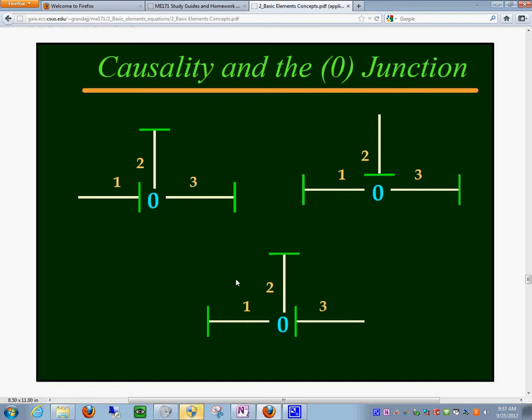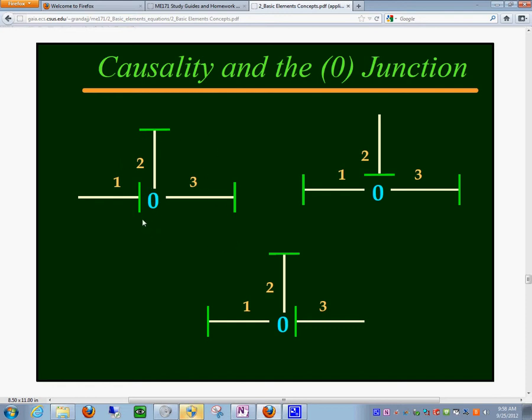One thing that is unique to these junctions, and it is very important that we are careful about, and we analyze this and repeat it several times, is that when one of the bonds, like in this case, the number 1, sets the effort, all the others have to be out.